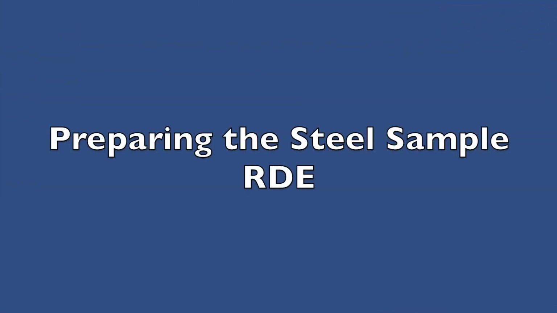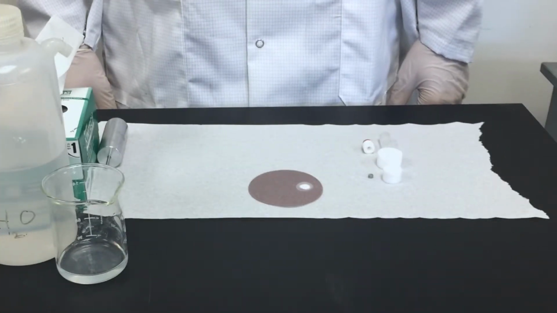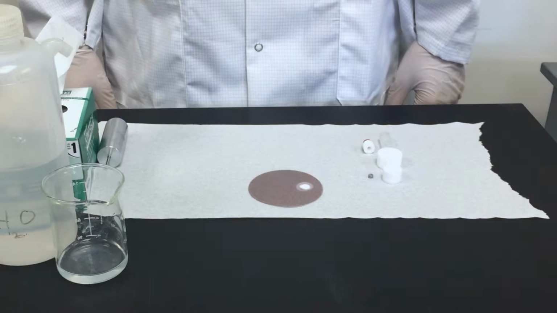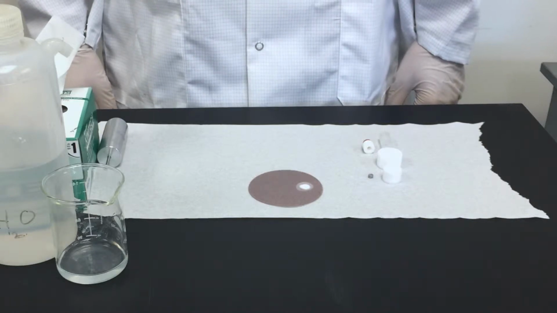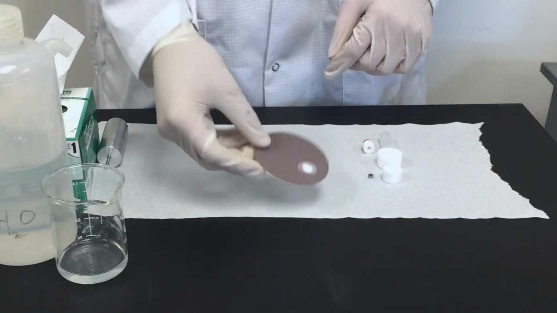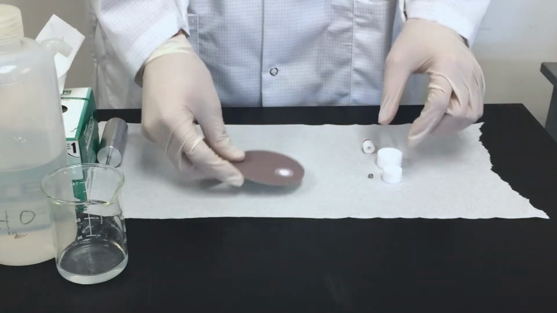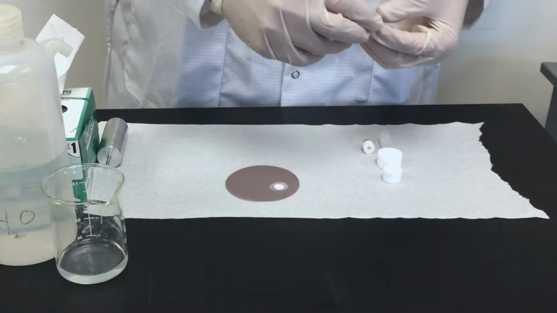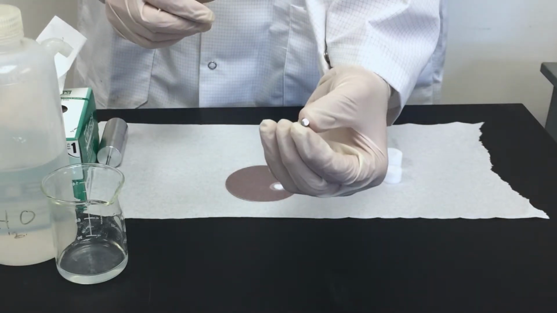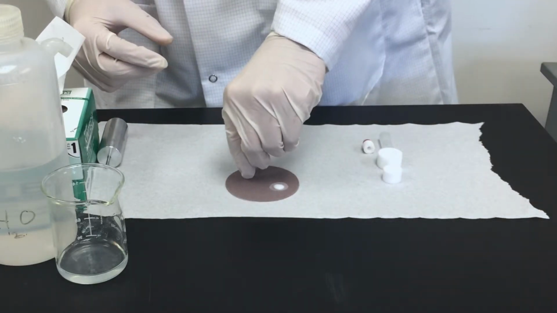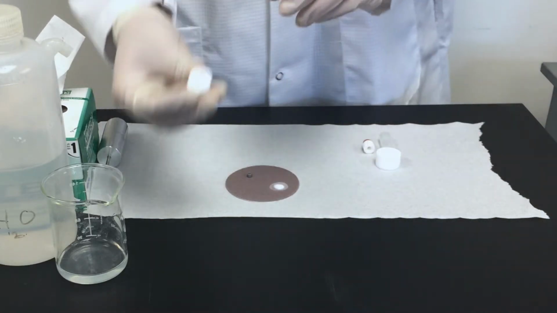Preparing the steel sample RDE. Using the same polishing techniques outlined in the LSV RDE lab, we will first polish the steel sample until it has a mirror finish. Place the steel sample face down on the polishing cloth and firmly press the PTFE sample holder onto the steel sample.